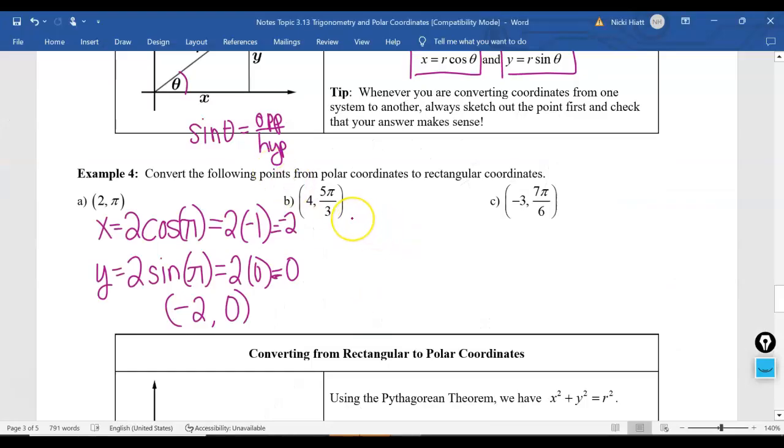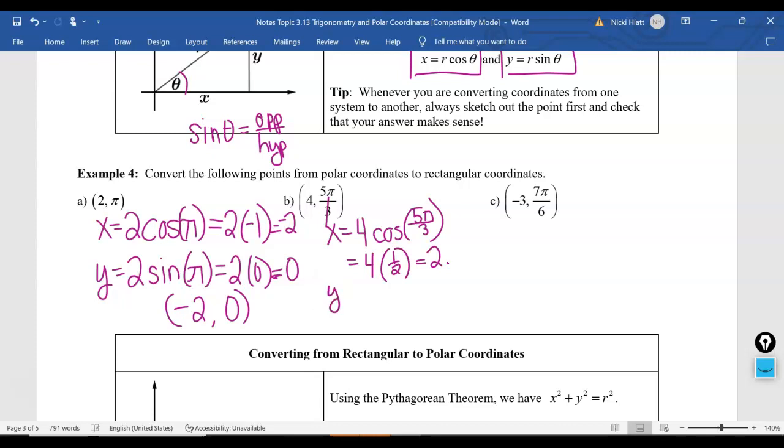All right, let's do another one. If we want to do b, which is (5 pi over 3, 4), we would do x equals 4 cosine of 5 pi over 3. We need to think about our unit circle. 5 pi over 3 is there in the 4th quadrant, and cosine is going to be 1/2 there. So for our x coordinate, we'll get 2.